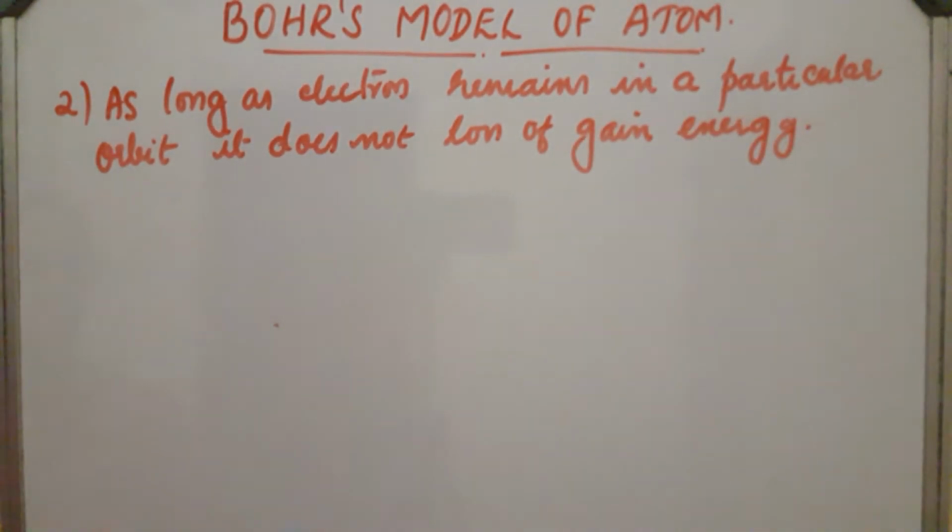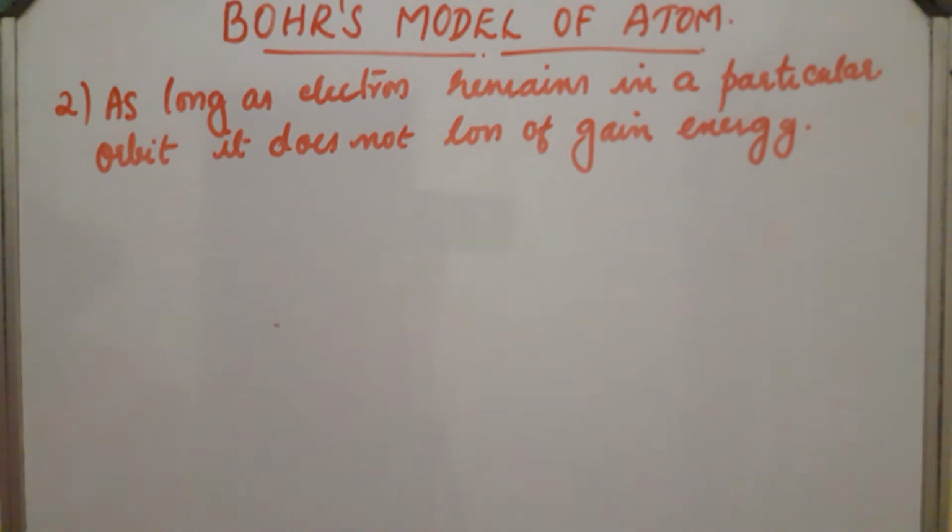So the energy of that electron will be constant in a particular orbit. But when an electron absorbs certain energy, it moves from a lower energy level to a higher energy level, or it emits energy when it moves from a higher energy level to a lower energy level.